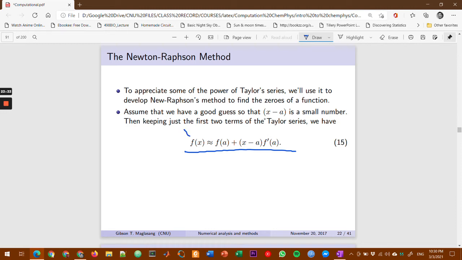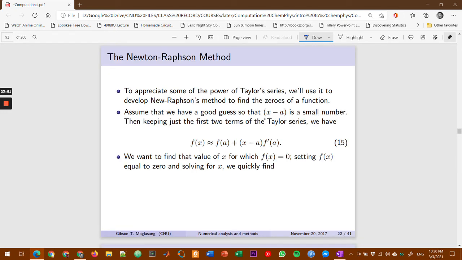Set it to 0. Then we have your root, right? You know the idea of zeros of a function. So, if we set this to 0, what should be the value of x that makes it 0? We can do that by rearranging.